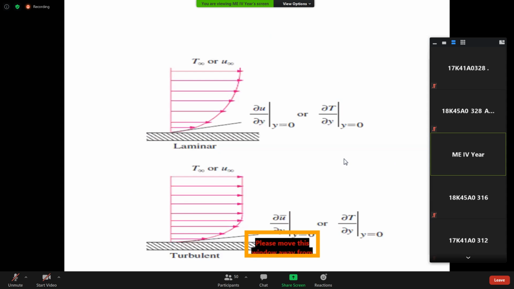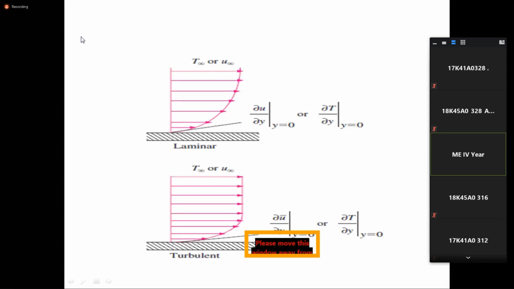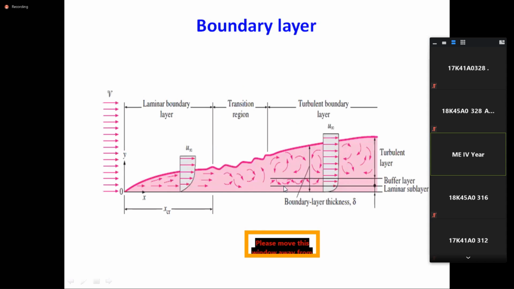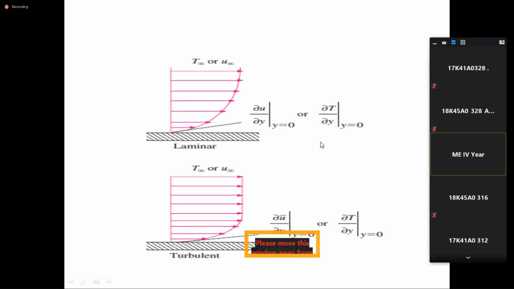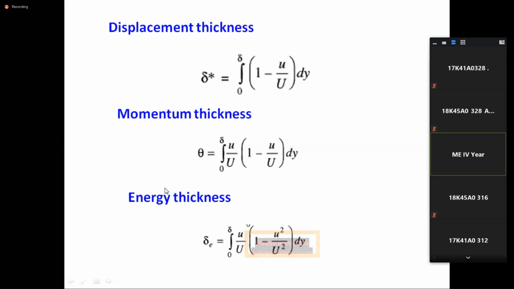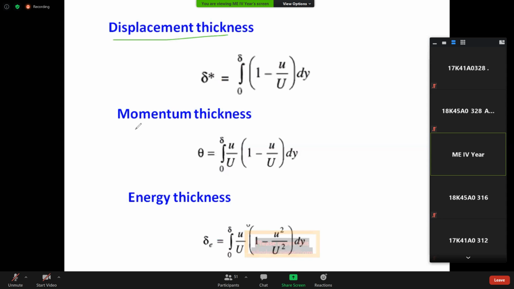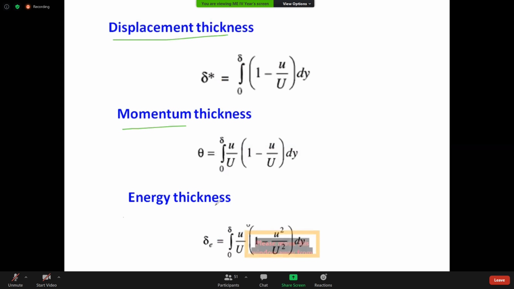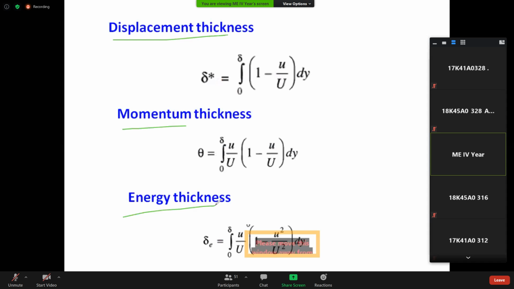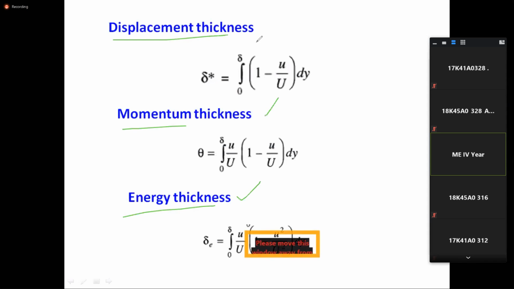So these are the laminar and turbulent velocity profiles, which we have seen, but this is a more elaborate depiction. These are the things we have studied: the displacement thickness, momentum thickness, and energy thickness, based on mass, momentum, and energy.